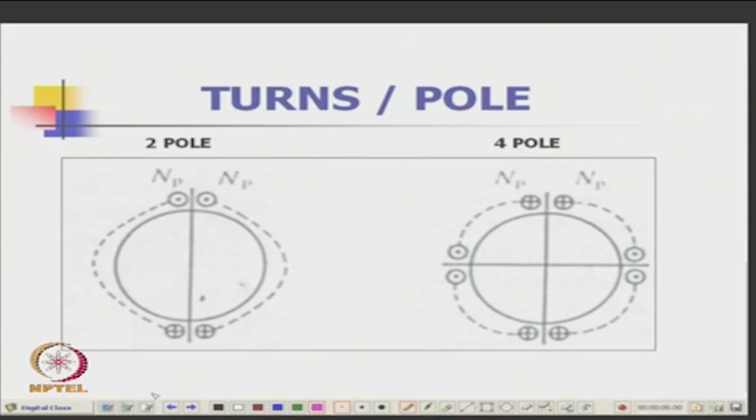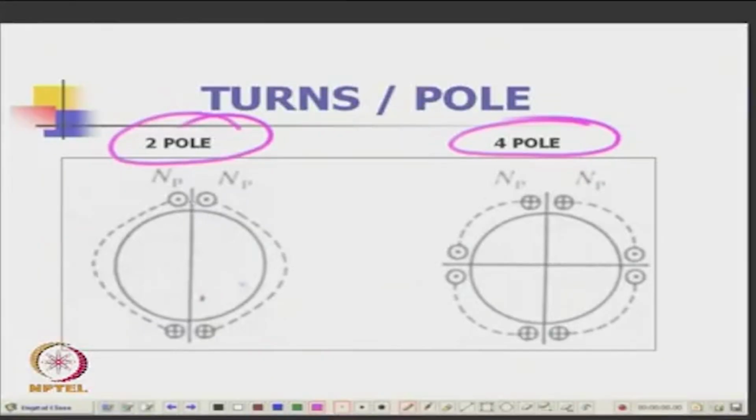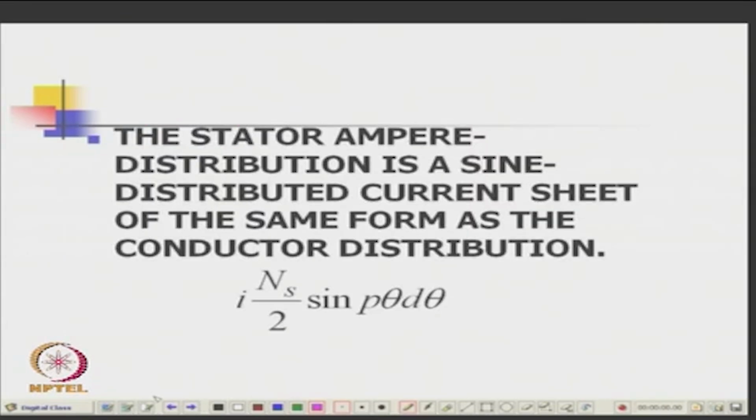The turns of course you can make in a 2 pole configuration or a 4 pole configuration, I hope you know this. In a 2 pole it will be only one at 180 degrees, in a 4 pole it is at 90 degrees. Now the stator ampere distribution is a sine distributed current sheet.